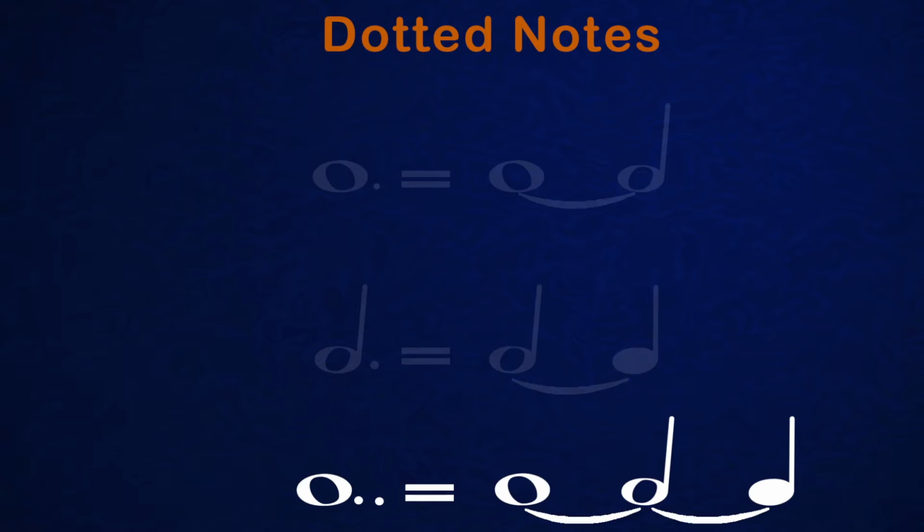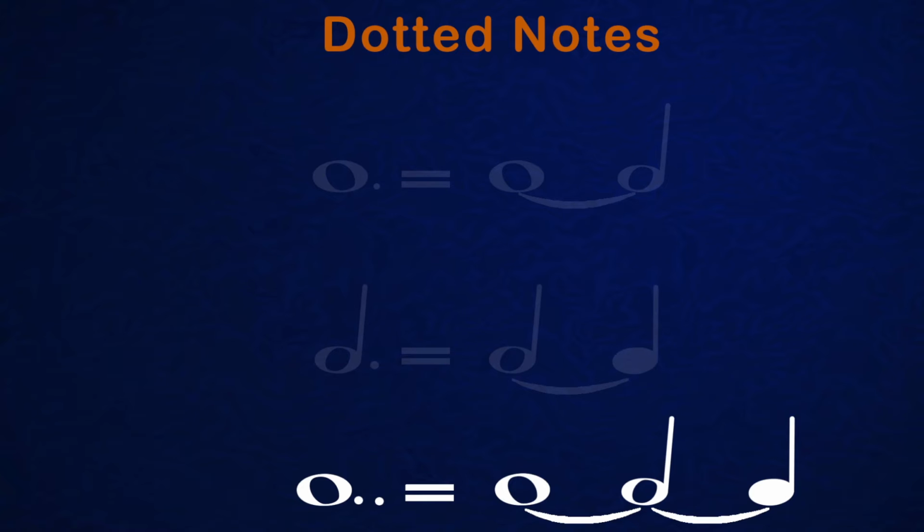So what happens now if you have 2 dotted notes? It cascades further. So if you have a double dotted whole note, what you're going to end up with is a whole note plus a minim plus a crotchet. So each dot is equivalent to half the value of the note preceding it. You have a whole note plus a minim.